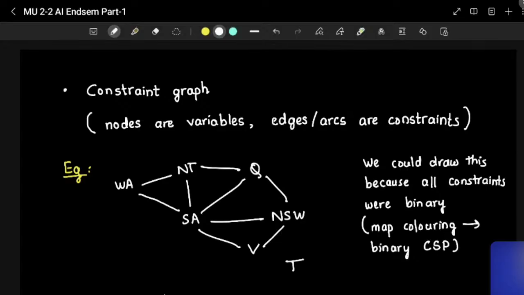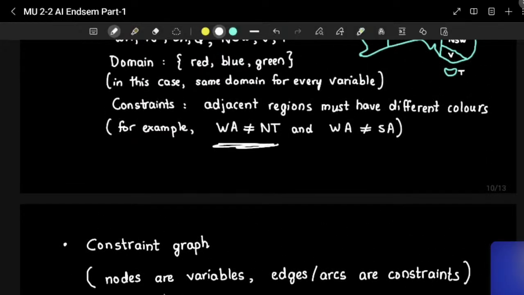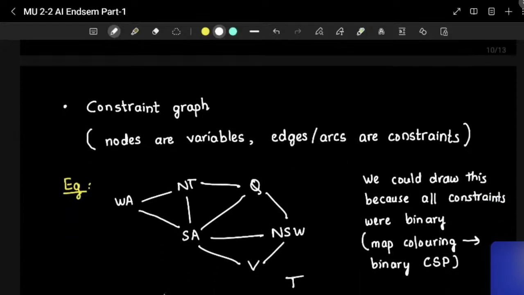So let's say constraint C1 is WA not equal to NT. So in the constraint graph, what you're supposed to do is just take a line and join WA and NT. So this is constraint C1. You don't have to mention what the constraint is. You just have to join the variables that are involved in the same constraint.